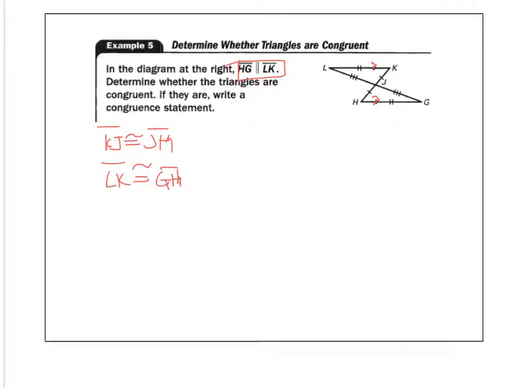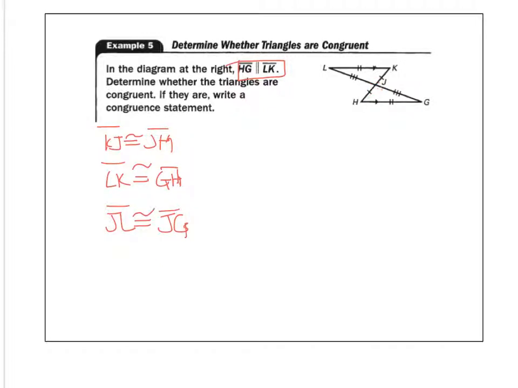And I also know that JL is congruent to JG. So that's three sides. Notice that it doesn't seem to have any information about angles, so I need to do some observation.